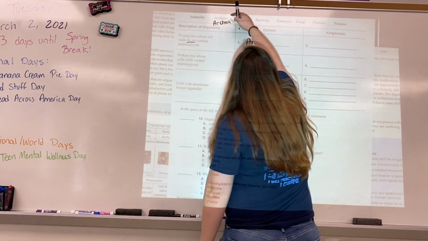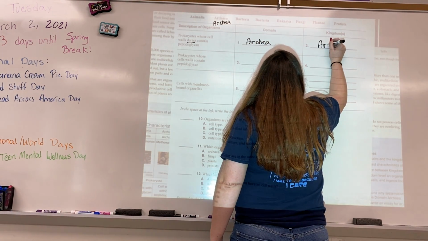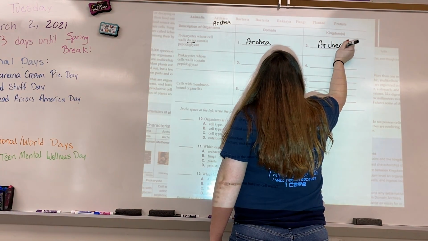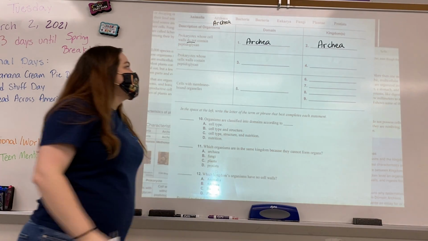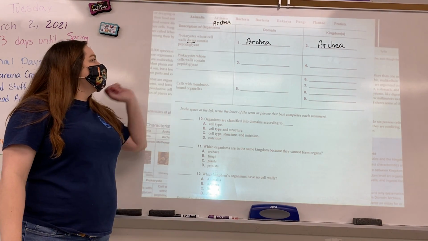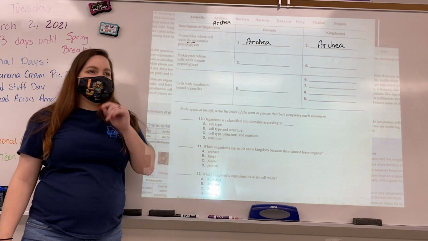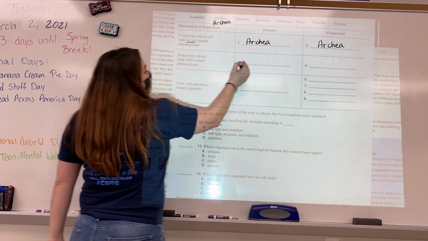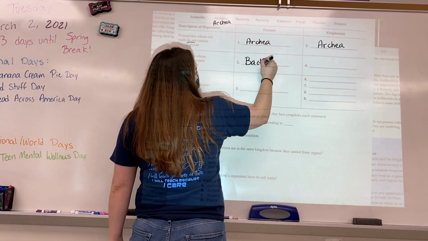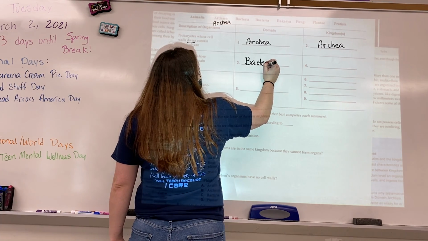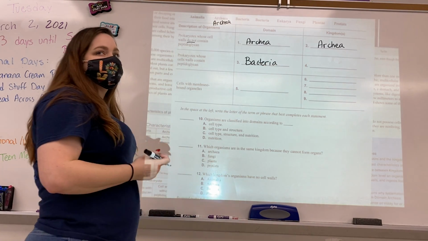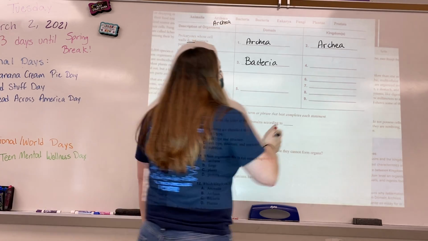Archaea. That's why I said you should be using that word twice. What is the prokaryote whose cell wall does contain that peptide? That is your domain, bacteria. And what is the only kingdom inside bacteria? Bacteria.